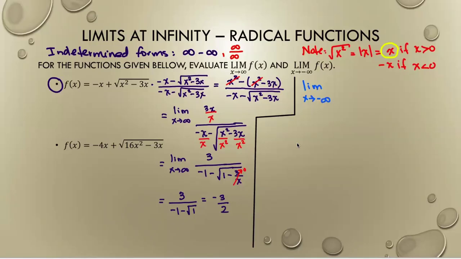All right, and so now multiplying by the conjugate will make the same thing. So then we need to go down to this step in here. So this is going to look like 3x over something, right? Divided by minus x minus the root of x squared minus 3x. And we're dividing everything by something.